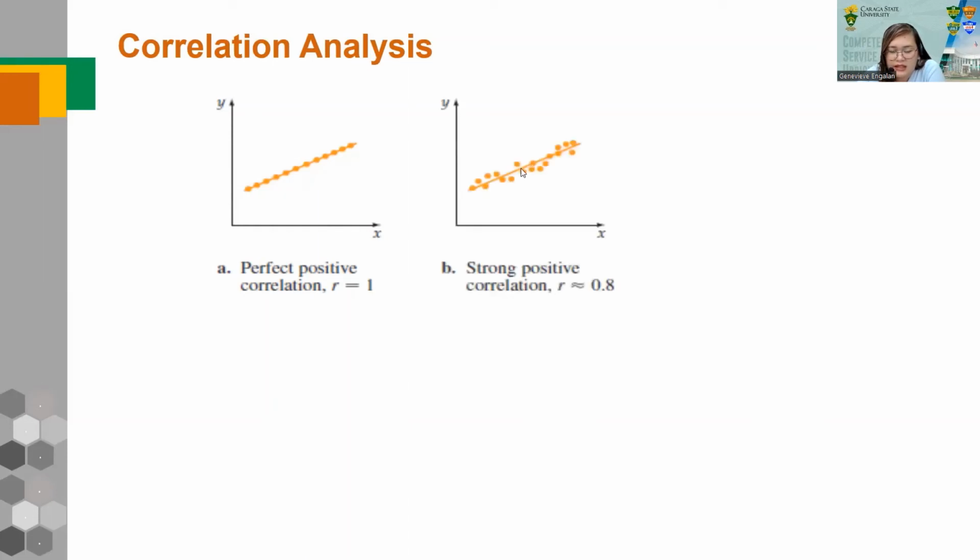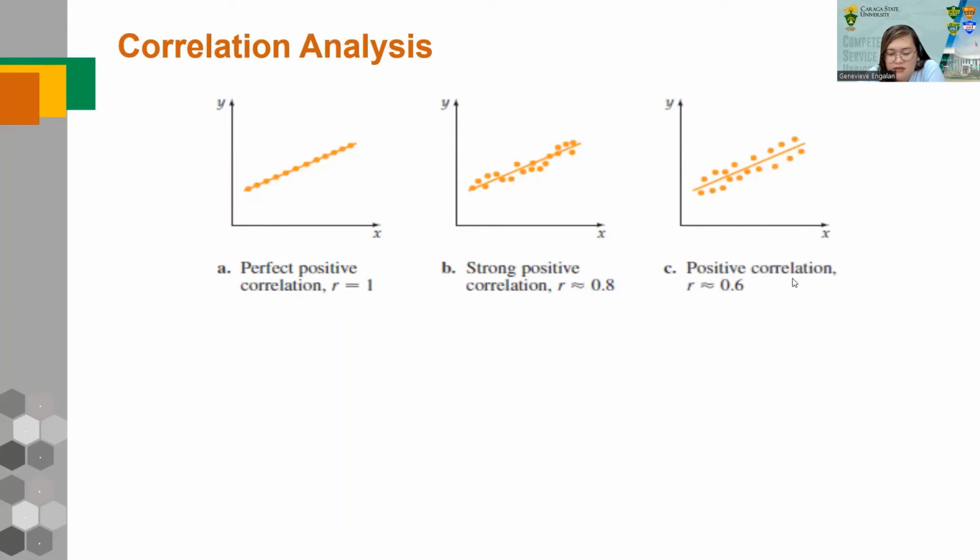Kana, this is an example of an R that is approximately 0.8. Dako gyapon niya ang R. Duol man siya sa atong regression line. No? So that is a strong positive correlation. Duol gyapon siya sa ato ang line. Kay pag ani, compare dire mas layo na ni compared ani, no?